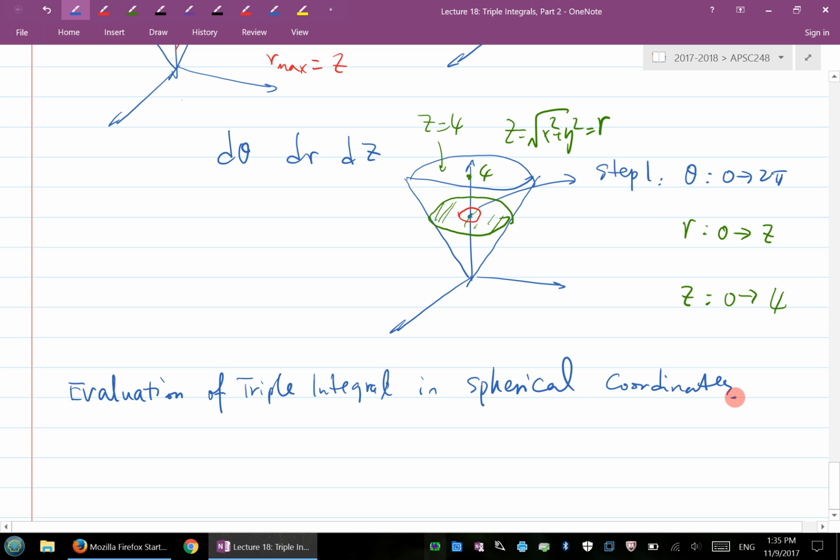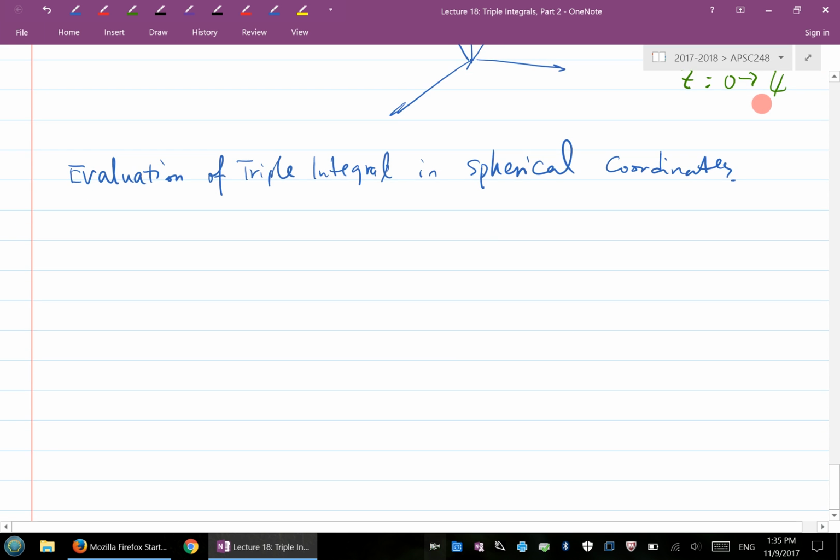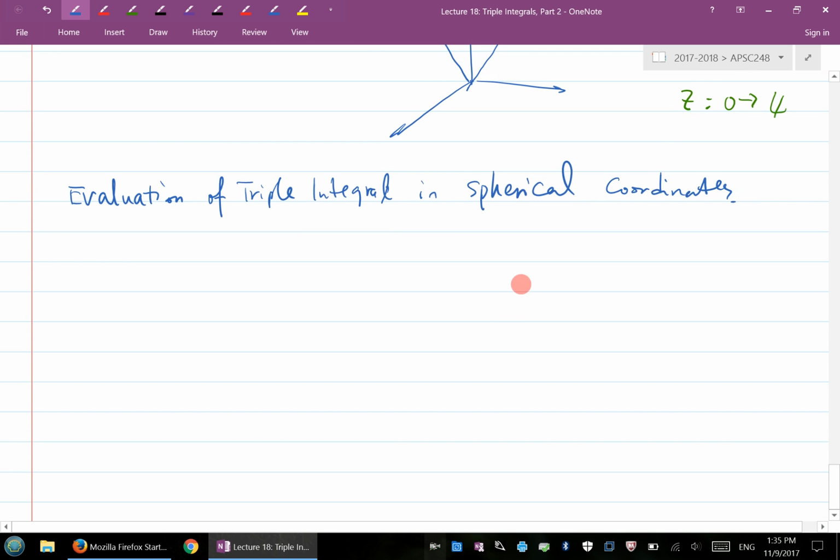By the word's meaning, spherical means you have a sphere. If you have a region D that's a sphere type of object, then chances are you're going to use spherical coordinates to evaluate this triple integral. So let's introduce spherical coordinates first.